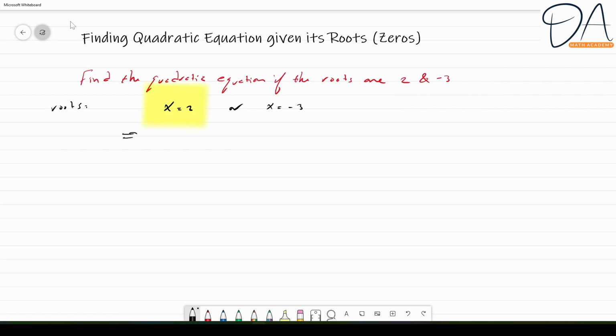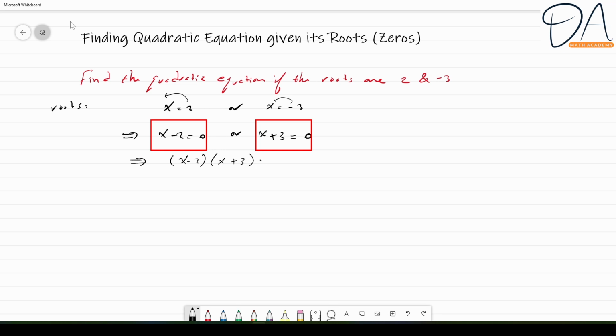Then from this, we can conclude that if we move this 2 to this side, we'll have x minus 2 equal to 0, or if we move this to this side, the minus becomes plus. So we'll get x plus 3 equal to 0. So we have two factors that give us 0. What this means is that if we multiply these together, we should have 0 also, because it's either this 0 or this 0. So one of them will make this expression equal to 0.